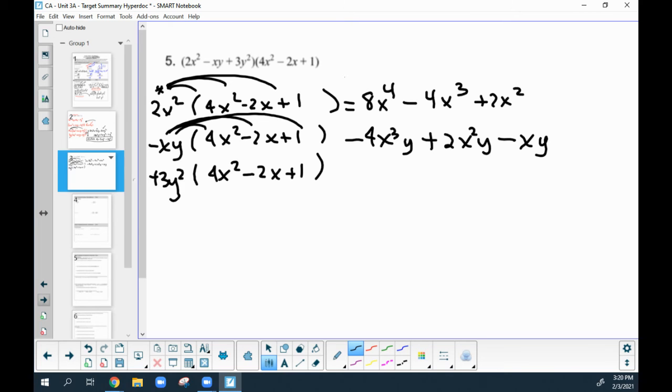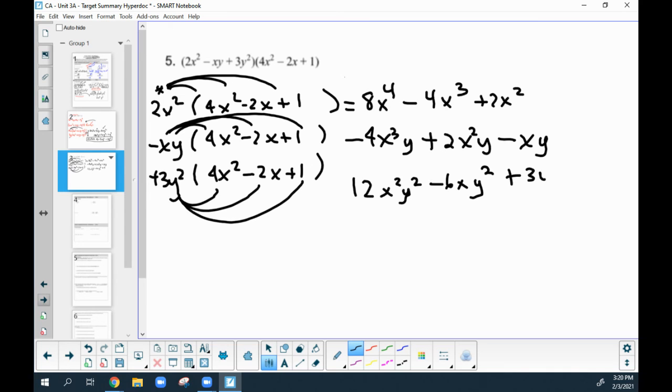So I'm trying to use my multiplication rules for the powers, but it doesn't look like anything's combining like terms. Let's go here. 12, there's an x squared and a y squared. Let's go here. There's a negative 6xy squared. And let's go here. There's a 3y squared.